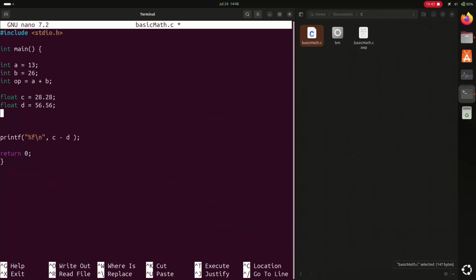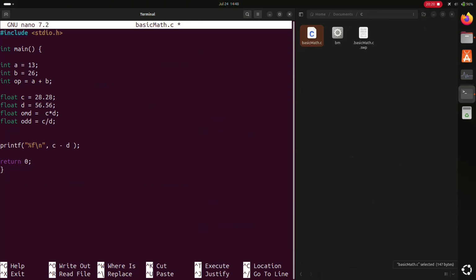Multiplying both will give a decimal number. So float, output of multiplication of decimals, omd equal to c multiplied by d. This is the multiplication symbol in computers. And done. Now division, float, output of division of decimals, odd equal to c divided by d.